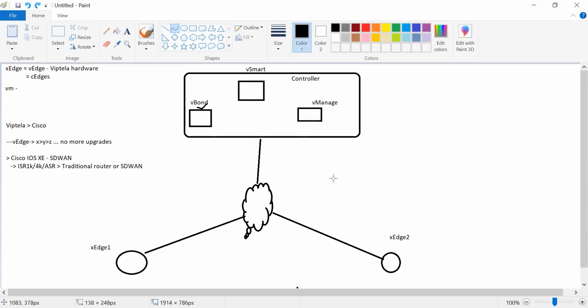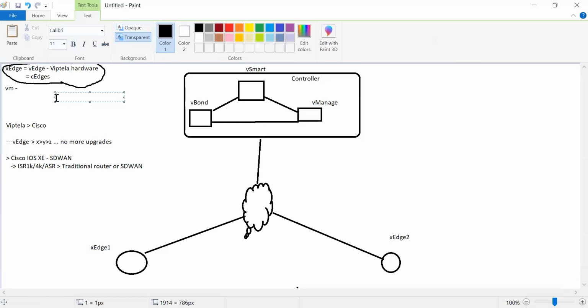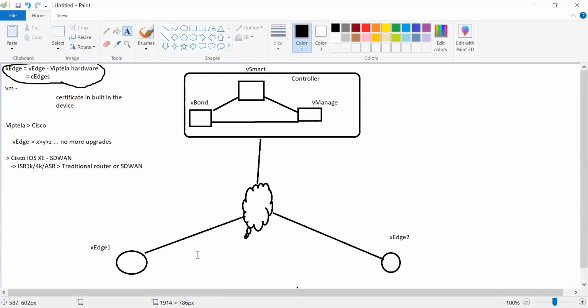Now, if we talk about the functioning of each component here, by default each and every device, this vEdge or cEdge, has certificates inbuilt into the device for the purpose of security.